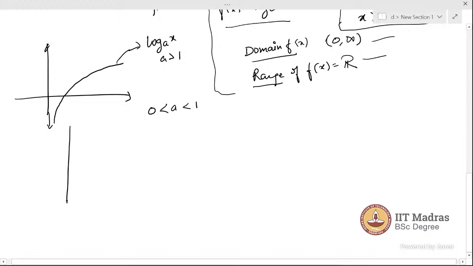That's going to look something like this, where this is 1 and this is your log ax, where a satisfies this condition.